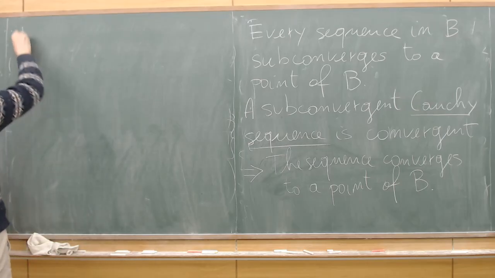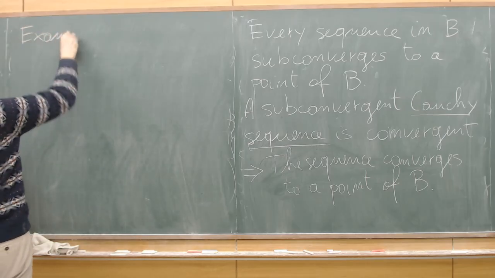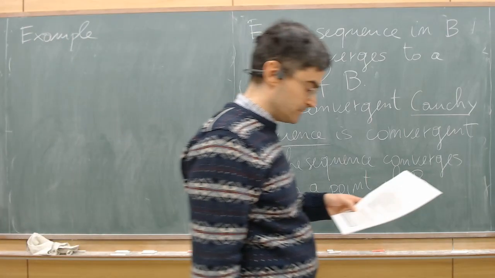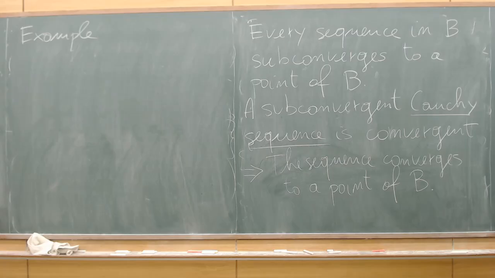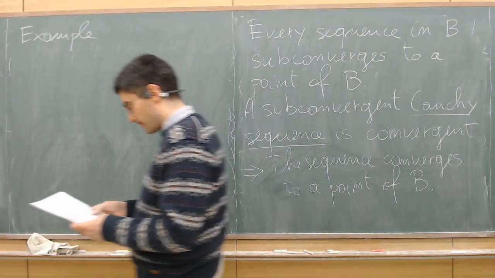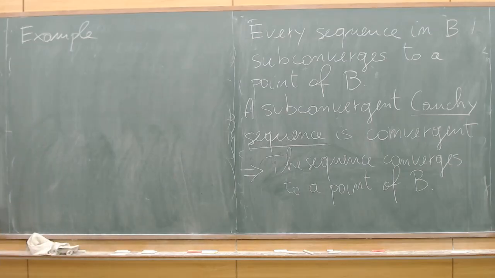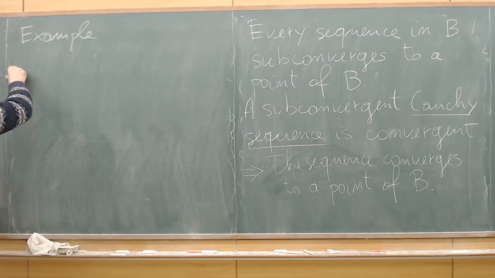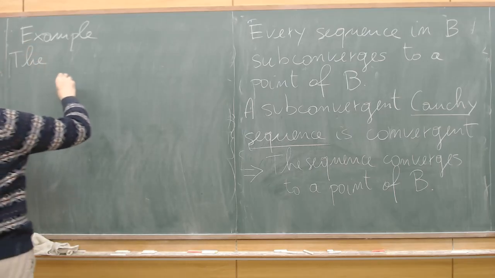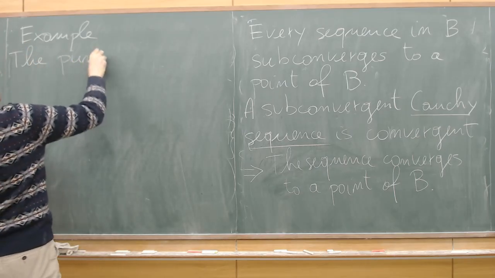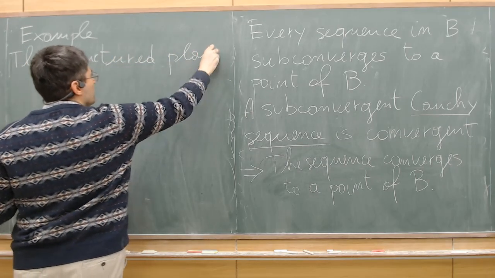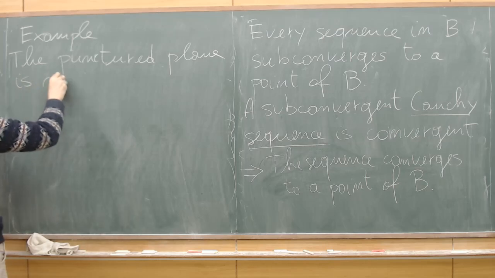Now let's show one simple example of a surface which is not complete, and then I will show a proposition which says that there is a class of surfaces which are complete. The plane from which we remove a point is clearly not complete.